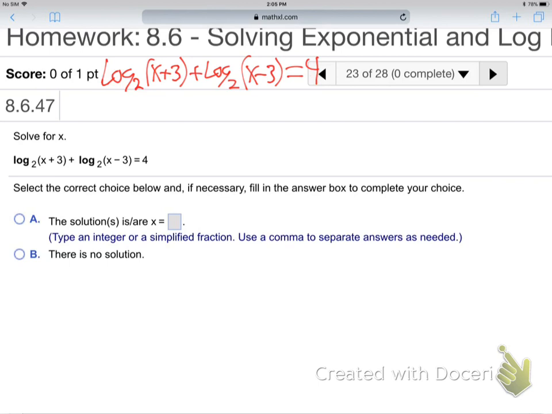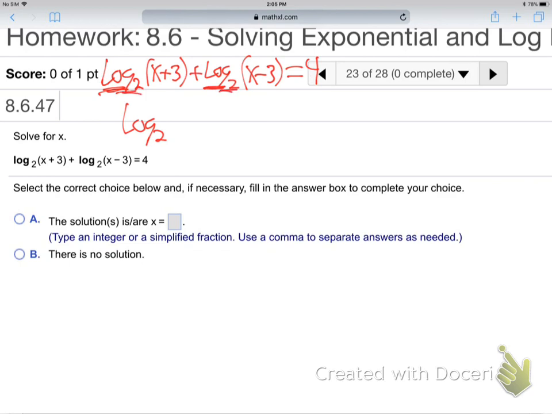So 2 logs, 2 log base 2's going to become 1 log base 2.